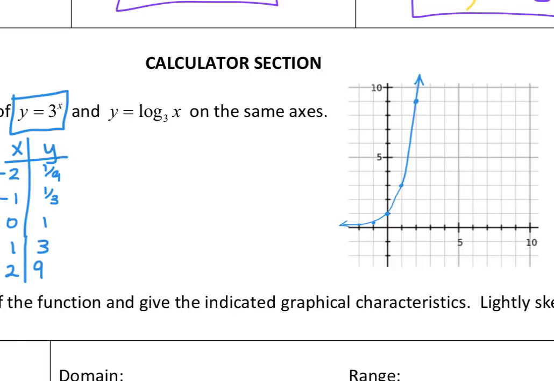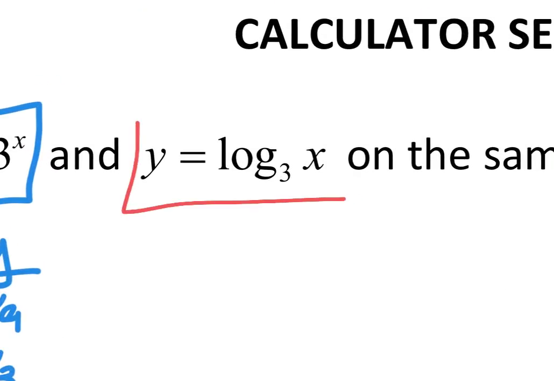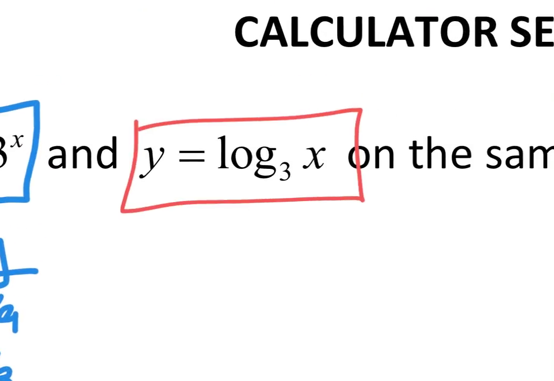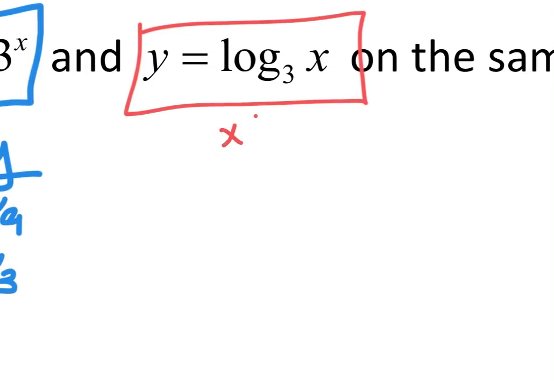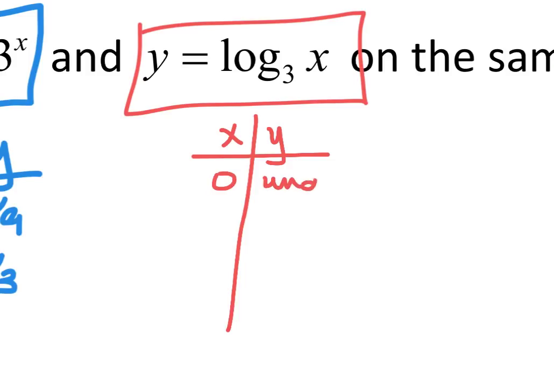I'm going to switch over to red for the log base 3 of x. And again, you're going to give yourself the table of values on the calculator. But remember that anything 0 or negative on your calculator, it says error, but you know in your head that there's no such mathematical value as error, and so it's going to be undefined.